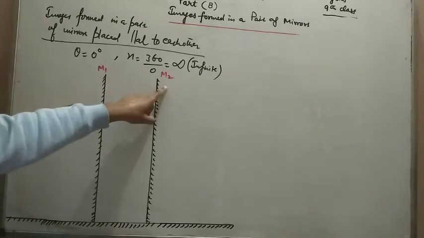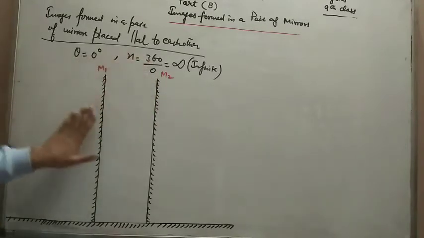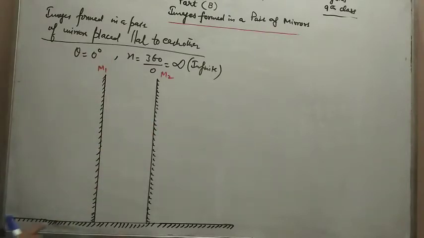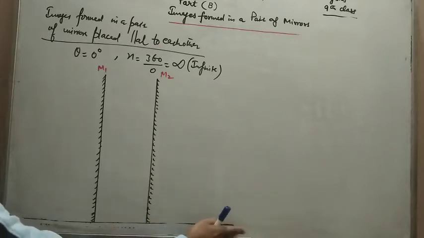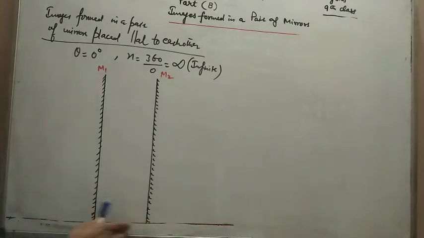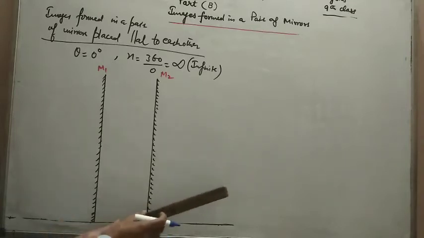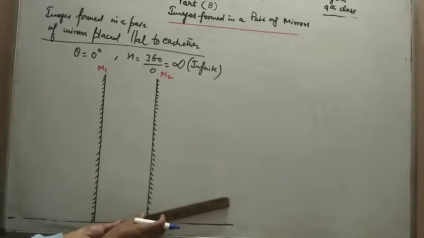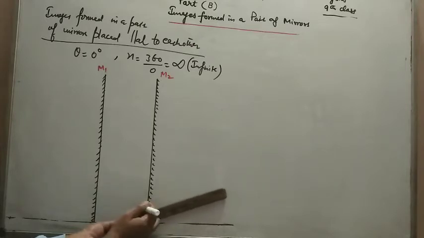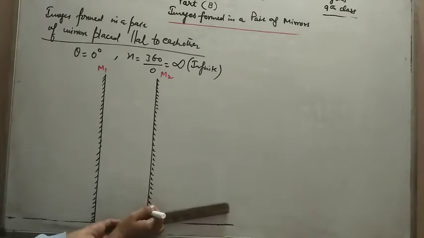Now here are the two mirrors that I have drawn initially, M1 and M2, parallel to each other. Here is the base; no need to take a mirror here, this surface is the ground. Now I'm going to take an object between these two mirrors. Initially, suppose it is falling on M2, in this way.